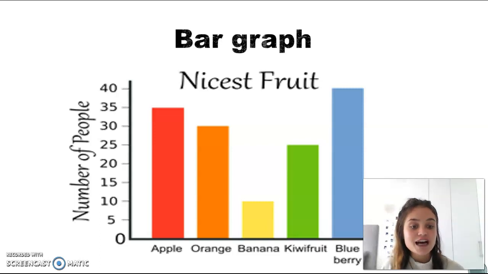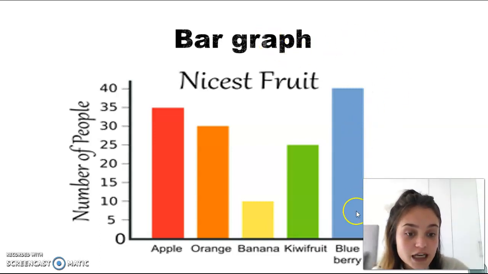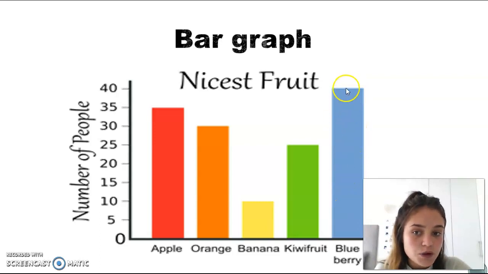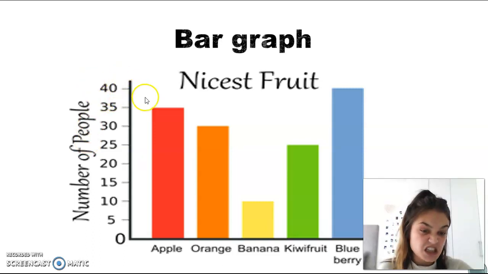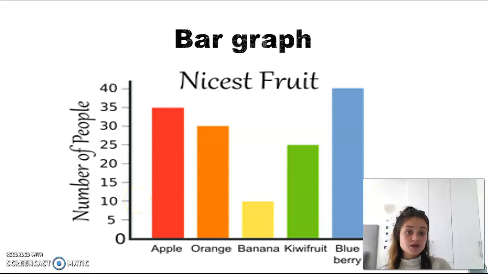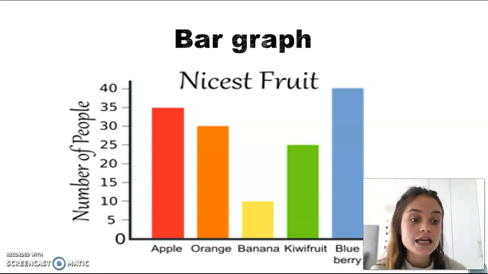And you look, and you would say blueberry, because it's the longest bar, and it goes all the way to 40. So the number of people that liked blueberries was 40. And the not so nicest fruit that no one really enjoyed was banana. It's only 10. So if we had to ask 40 people this question, only 10 of those people like bananas.